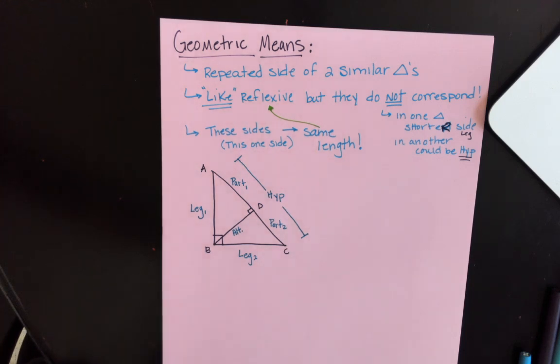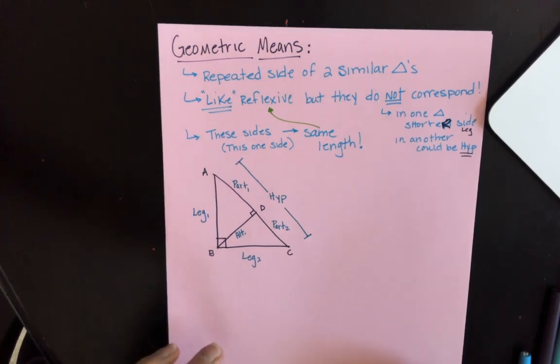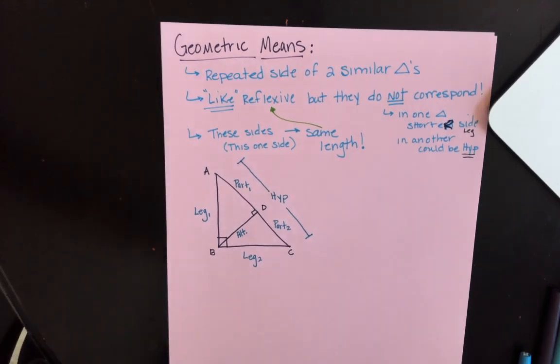Anybody want to take a guess as to which segments are repeated segments in two different triangles?